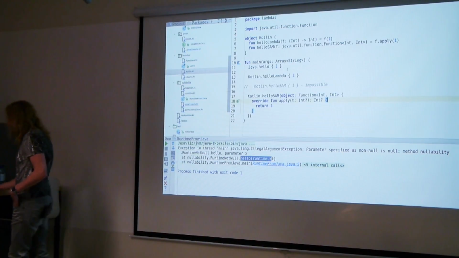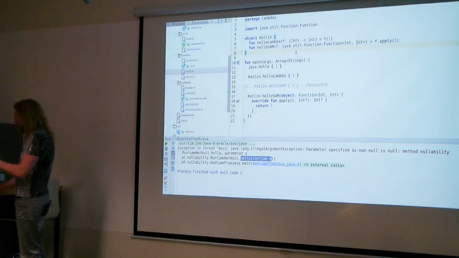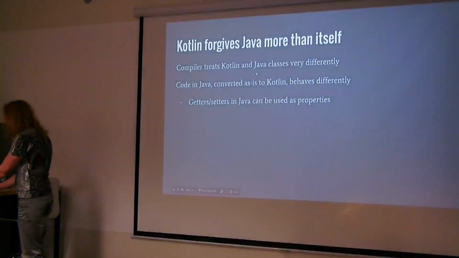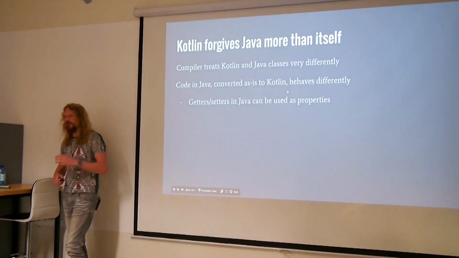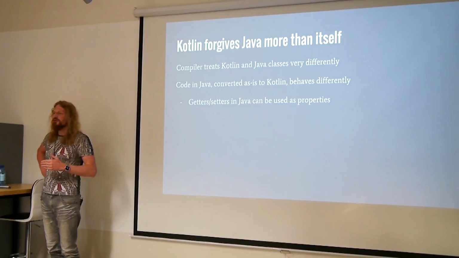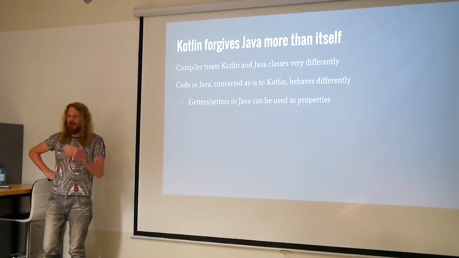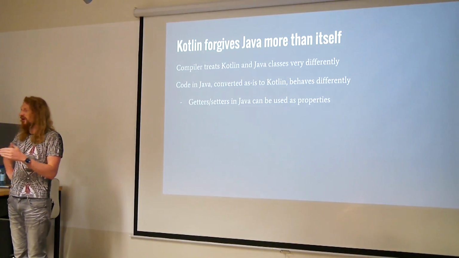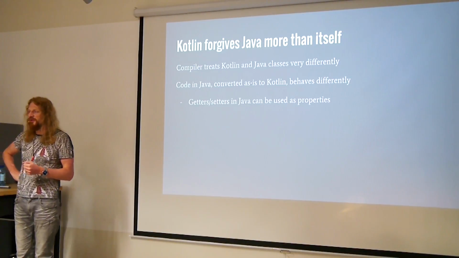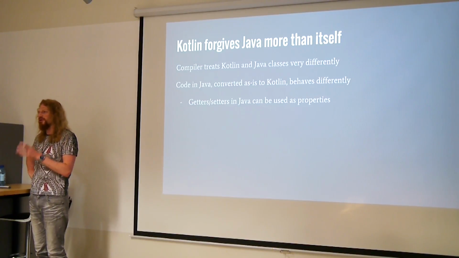If you have a getter in Java, you can use it as a property in Kotlin. So it's a compatibility, like in Groovy. But if you define a getter in a Kotlin class, you cannot use it as a property from Kotlin. In Kotlin you need a proper property declaration to use it as a property.